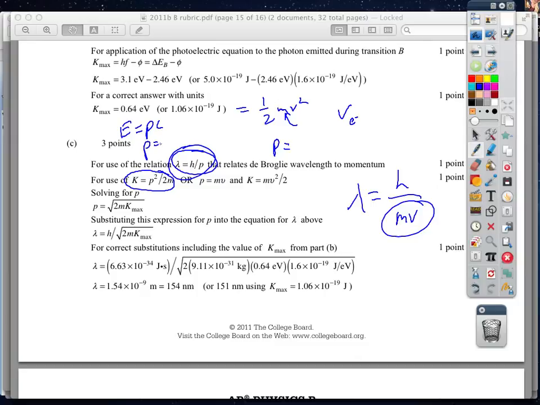Because that means P is going to be E over C. This P, for some reason, is not the same as that P. Because this is like solving for that. It's like getting it for MV. So it's like extrapolating the velocity from this. I'm not sure why it comes out to be different, to be honest with you.